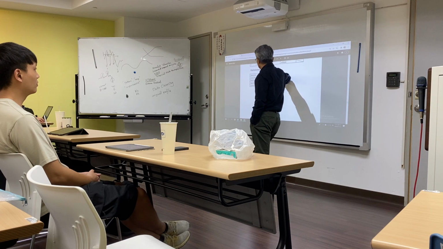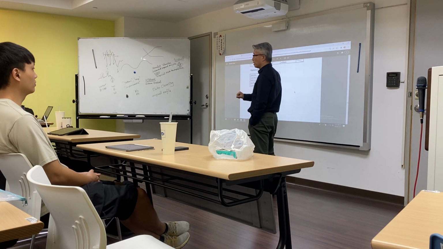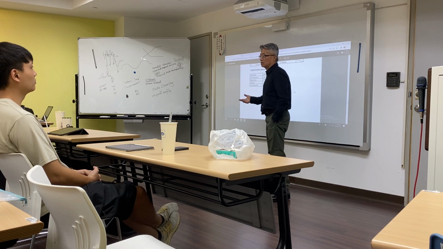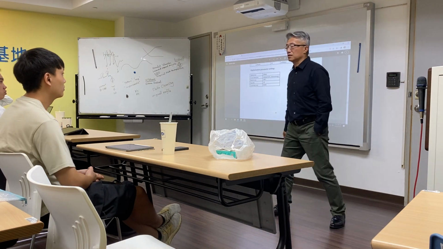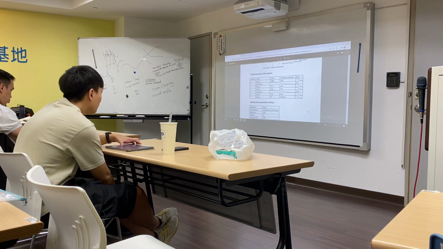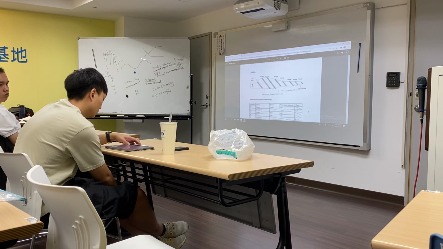And categorical cross entropy, why is it categorical? Since there's a label, right? And batch size 200. Well, why 200? The image size is 28 by 28.